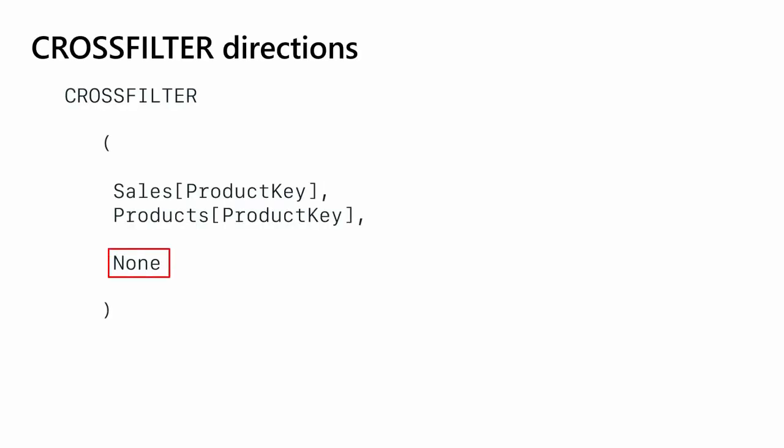You might be familiar with cross-filter directions from earlier in this course. Here's a quick recap of the possible directions in which you can filter the relationships in your model. You could use none, which means that no cross-filter occurs within the relationship. There's also the one-way direction. Filters applied on one side of a relationship propagate to the other.